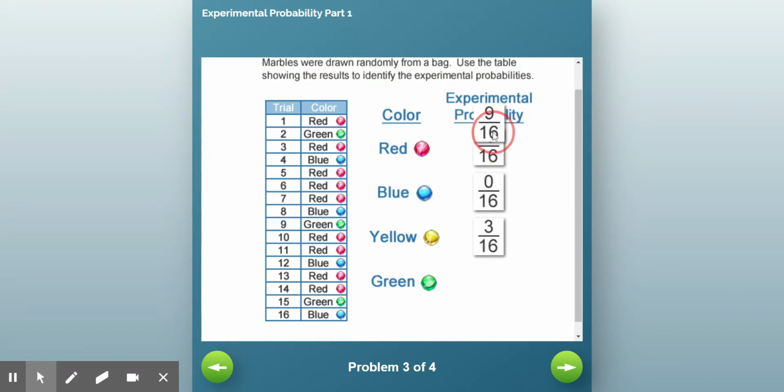So 9 out of 16 times a red was pulled. Blue, 1, 2, 3, 4 out of 16 times a blue was pulled. Yellow, what do you notice here? There were no yellow. So 0 out of 16 were yellow. And then lastly, green, 1, 2, 3 out of 16 were green.